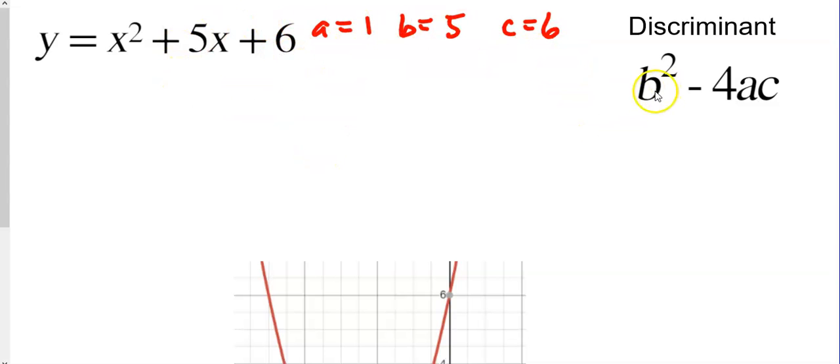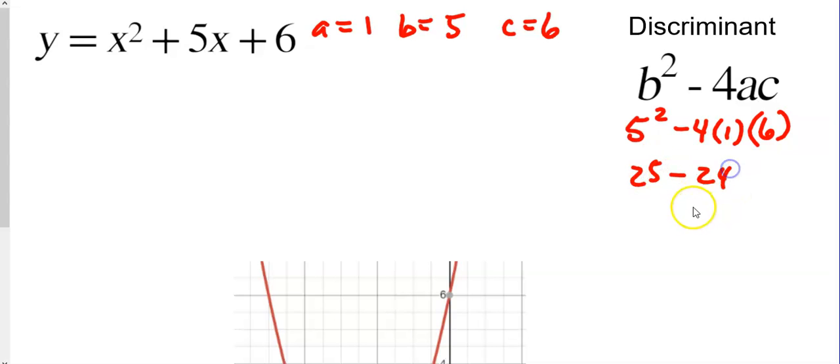But also if we do b squared minus 4ac, we will get 5 squared minus 4 times 1 times 6. So we get 25 minus 24, we get 1.